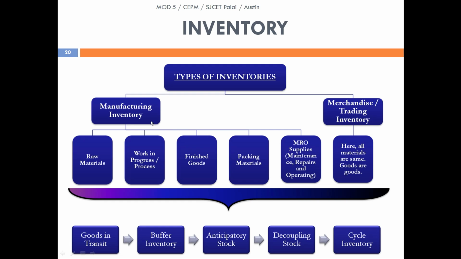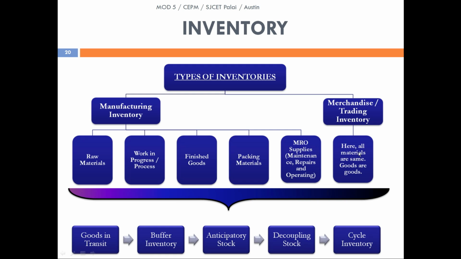Manufacturing inventory is further classified into raw materials, work in progress or process, finished goods, packing materials, and MRO, which is maintenance, repairs and operating. The merchandise or trading inventory covers all other materials.